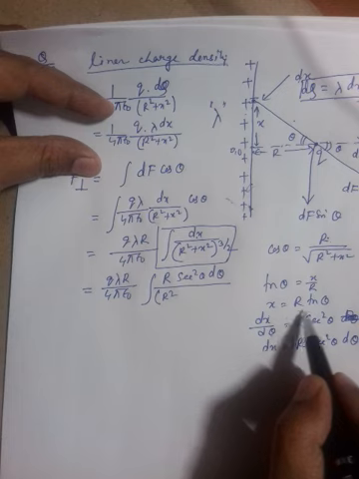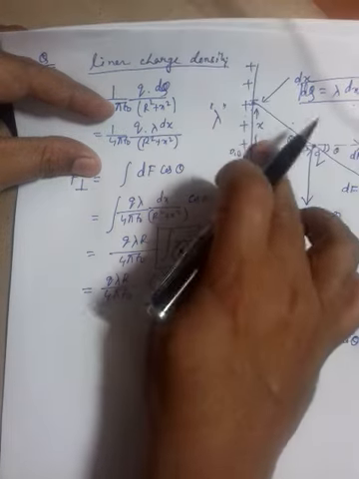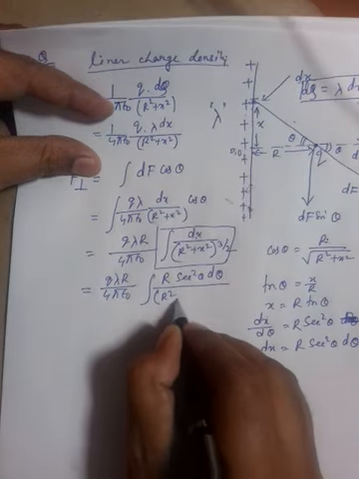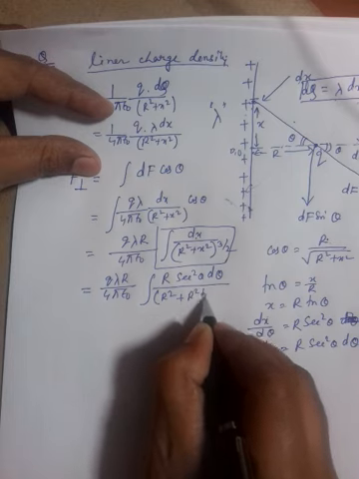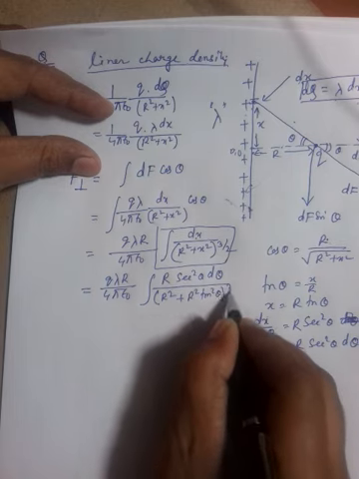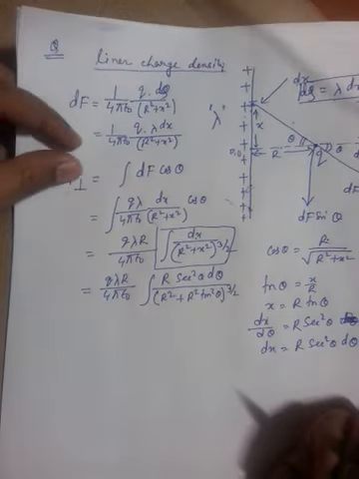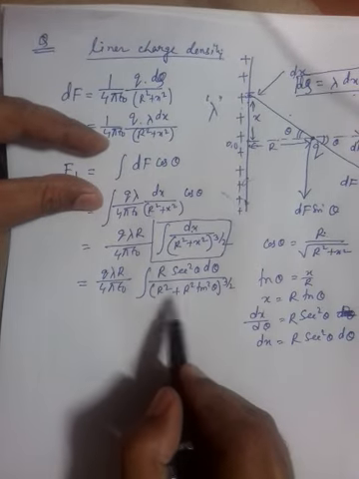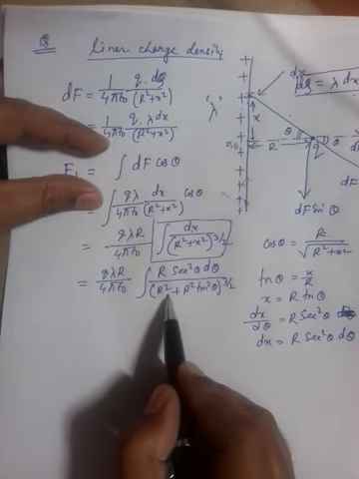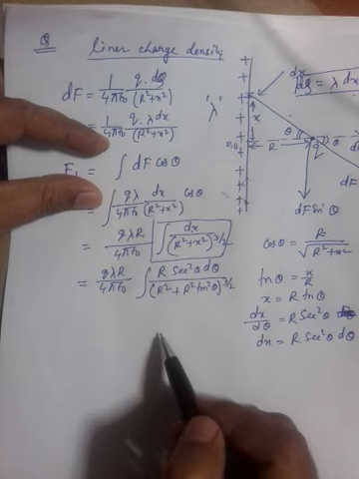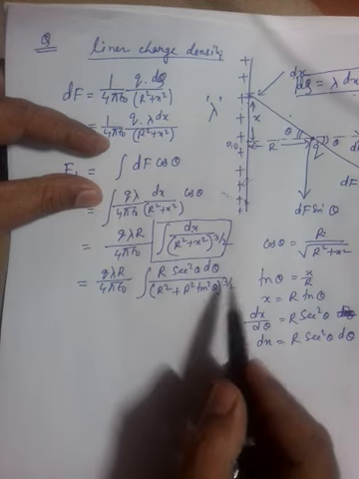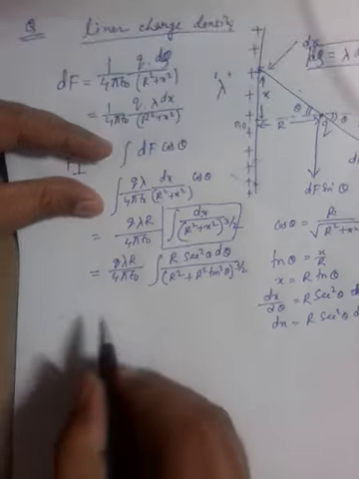What is x? x is r tan θ, coming from the drawing. So it is (r² tan²θ) to the power 3/2. Now we are getting some clue of simplification. How? r² can be taken common, and 1 + tan²θ is sec²θ, to the power 3/2, so it is sec³θ. So some simplification is nicely coming.